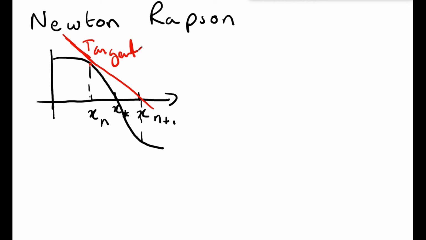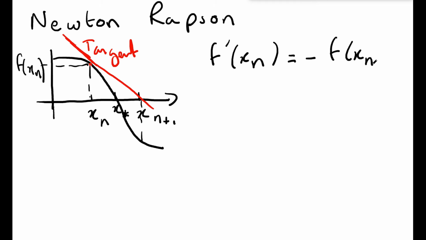Just by looking at the geometry of this problem, we can write down the gradient. Our f prime, the gradient at xn, is simply the gradient of this line here. And this is the value of f of xn. That's simply minus, it's a negative gradient, f of xn, which is the vertical, divided by the difference, which is xn plus 1 minus xn.